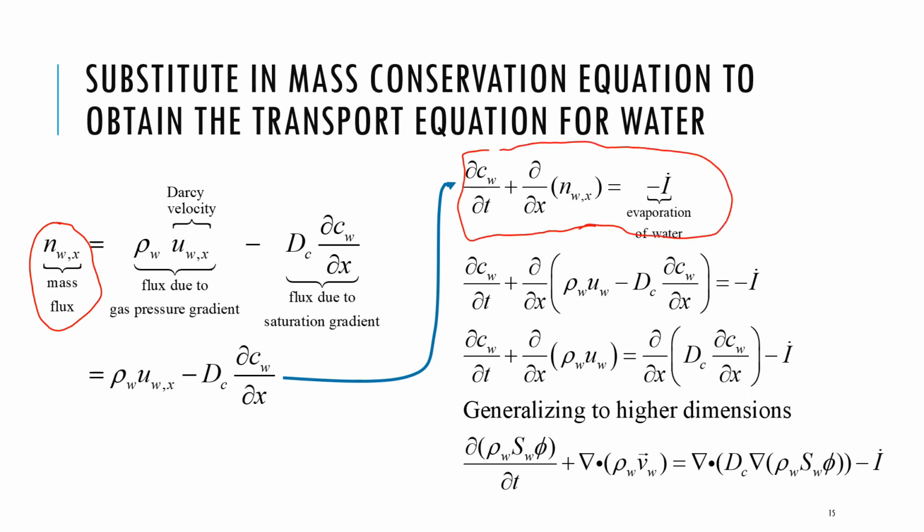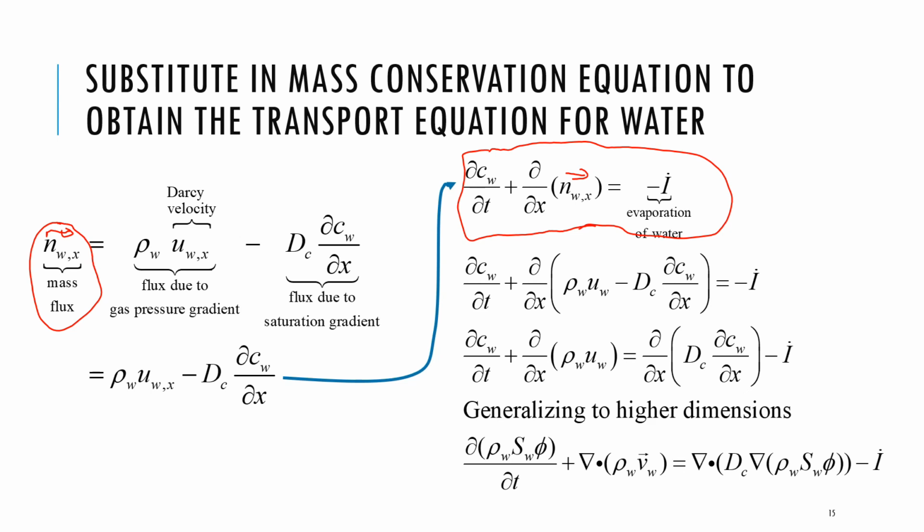Remember, this was the equation for water in which we substitute for this flux. It's actually a vector, but we are writing in a scalar way, kind of sloppily.